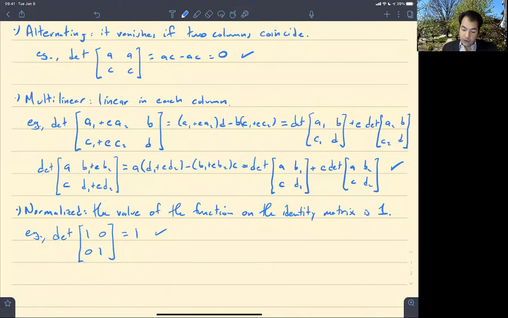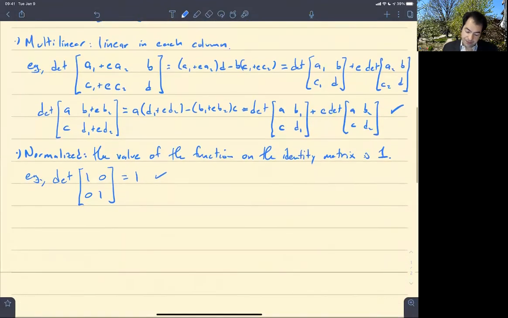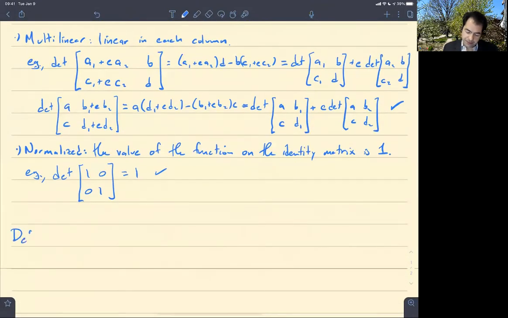Okay, so these 3 properties give us our definition. So at the moment, we'll say a determinant function, but part of the purpose of this lecture is to show that there is only one.